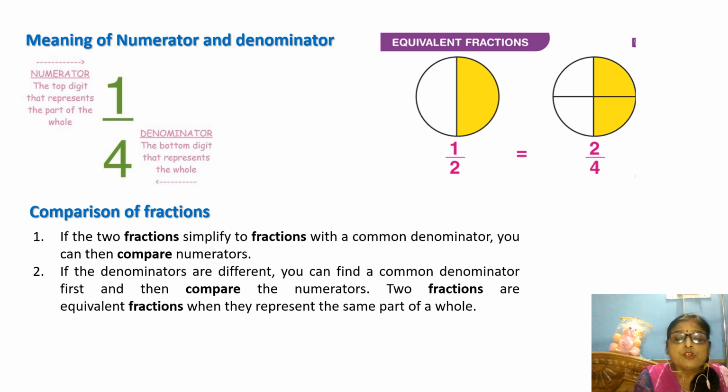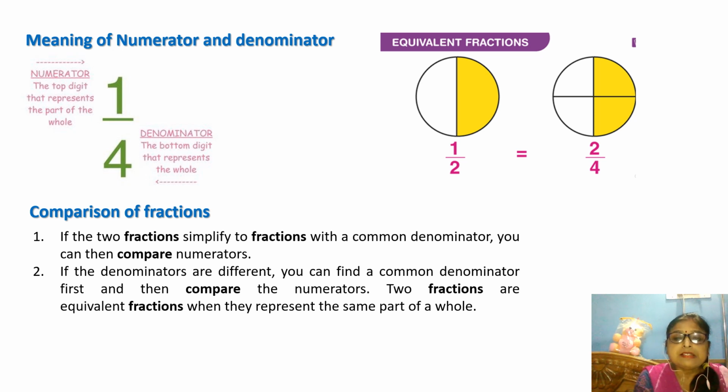Means if so many fractions are given and the denominator is same, then you have to choose the numerator. The numerator which one is smaller is the smaller fraction, and the numerator which one is greater is the greater fraction.